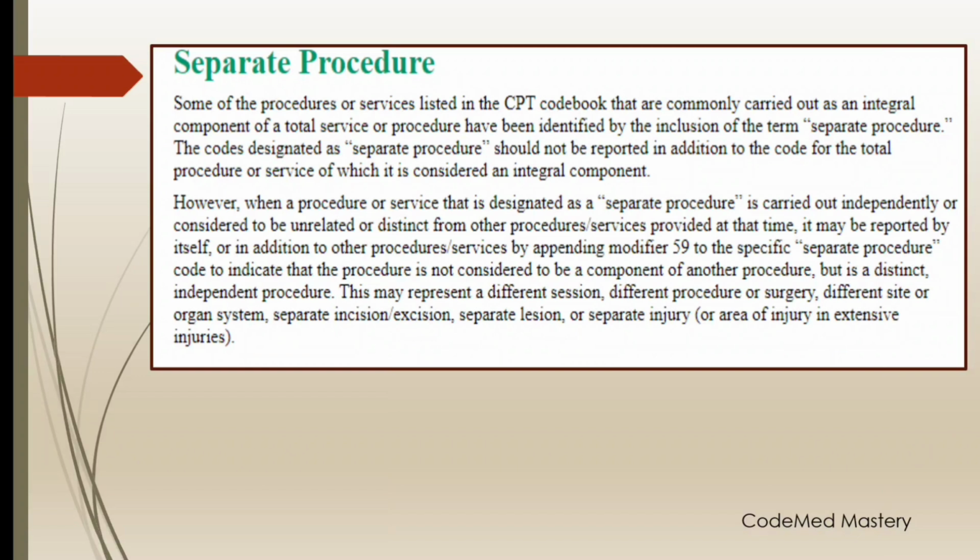This may represent a different session, different procedure or surgery, different site or organ system, separate incision or excision, separate lesion, or separate injury, or area of injury in extensive injuries.